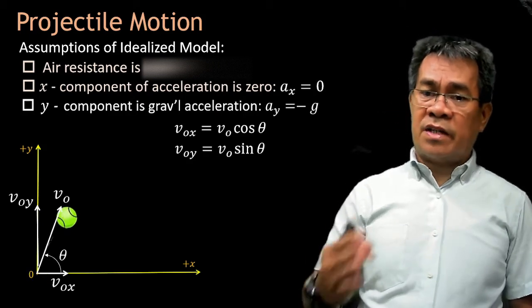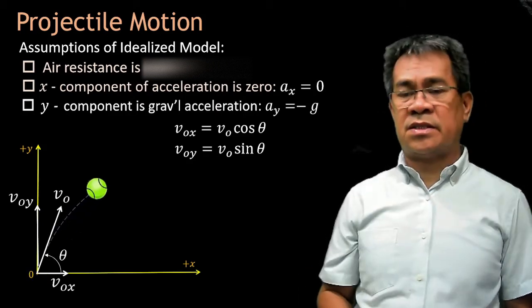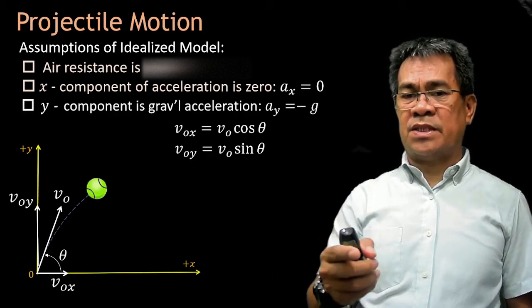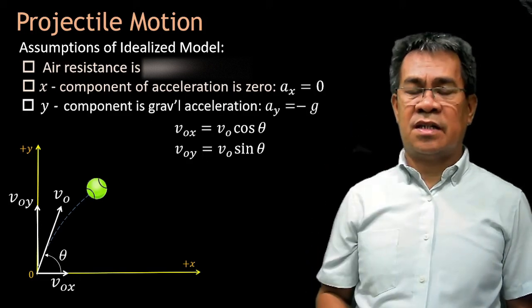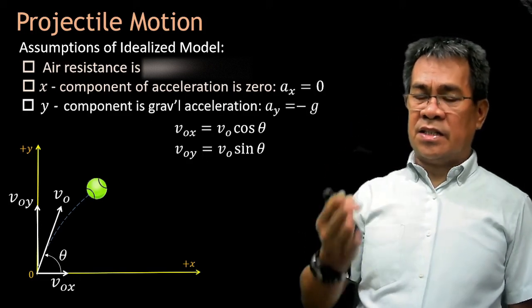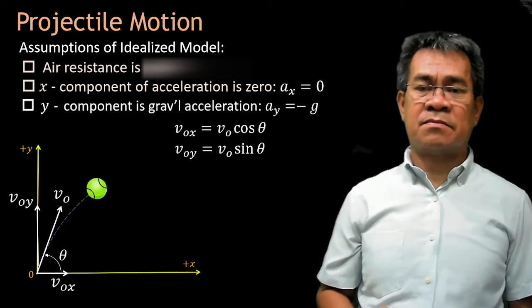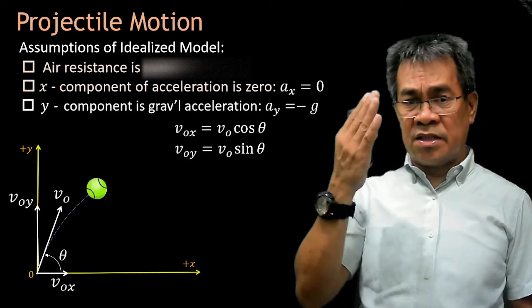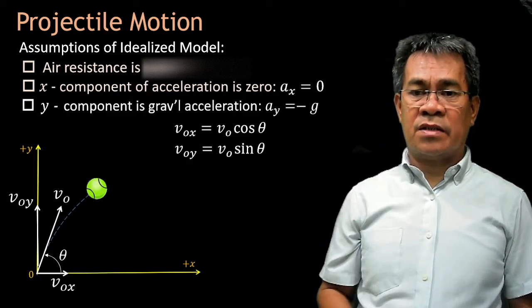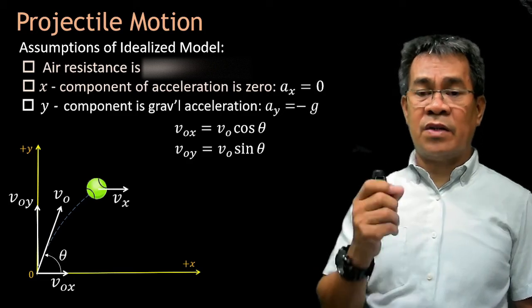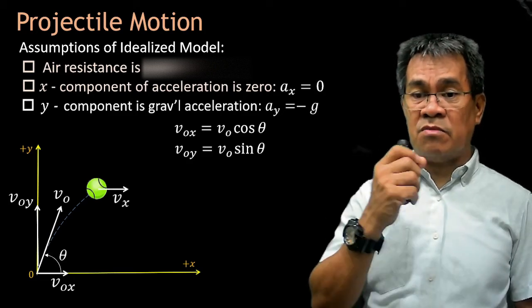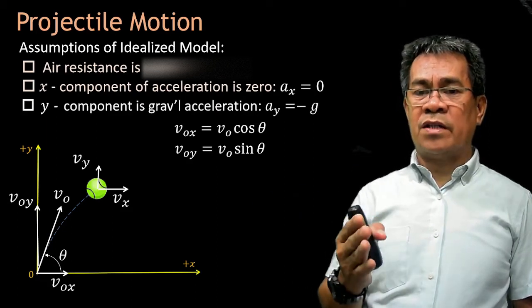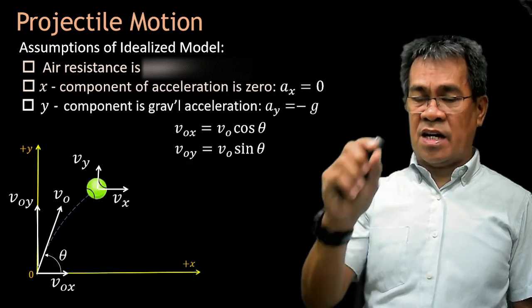Now, when the particle travels in space, take note that we have another position, which means we have another velocity, and this velocity is surely not equal to the initial velocity. The reason is there is an acceleration which is negative g, but that negative g is only for the y component, which means that the x component of velocity must be the same because there's no acceleration, while the y component will reduce as it climbs up the curve.